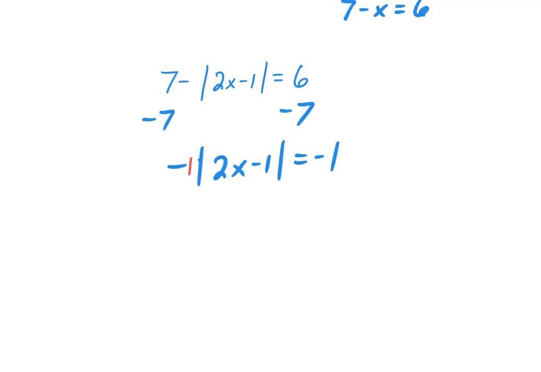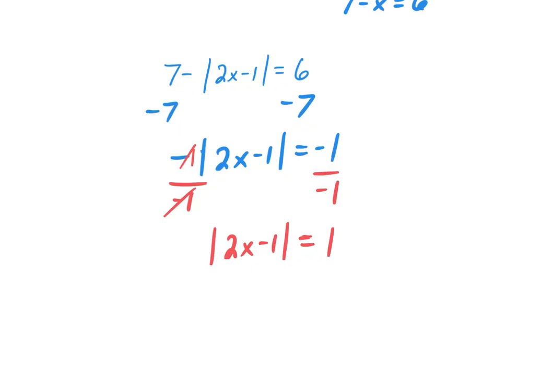We don't have to put a number there, but just so it helps you, I got to get rid of that negative, so I'm going to divide by a negative. In this case, it would be like dividing by -1. That gets the absolute value by itself. That's our first goal, to always get the absolute value by itself.